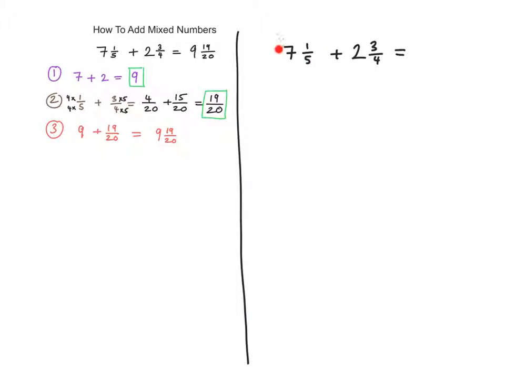So this will be 36 over 5. And then the other mixed number, I do 2 times 4 is 8, plus 3 is 11. So this will be 11 over 4.